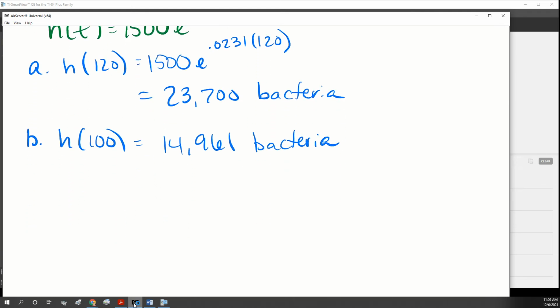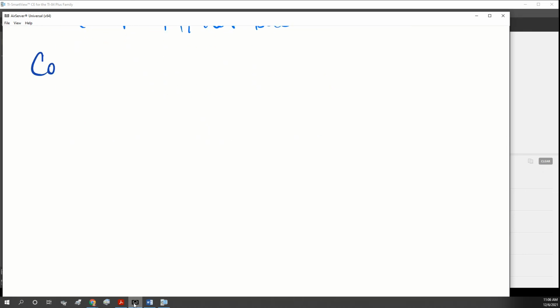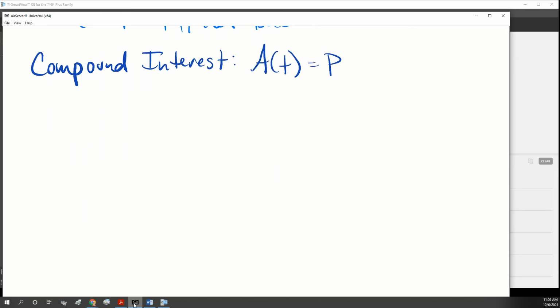And then the last formula we're going to talk about today is the compound interest formula. It's one that we've already talked about this year, and you learned about it in Algebra 2. Okay, so A of t is P, which is principal, times, in parentheses, 1 plus r over n, raised to the nt.